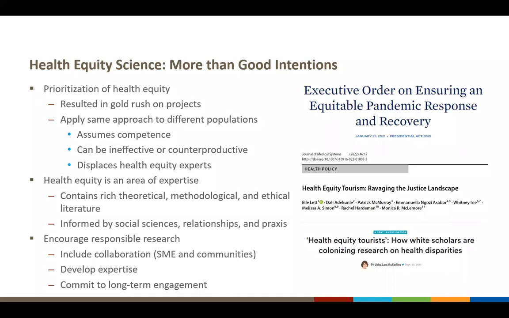And that can start with an immediate proposal that you're collaborating with someone on, but take this as a long-term commitment to engaging both the topic of health equity, the science of health equity, and also the relationships in the communities that you need to engage with for health equity research.